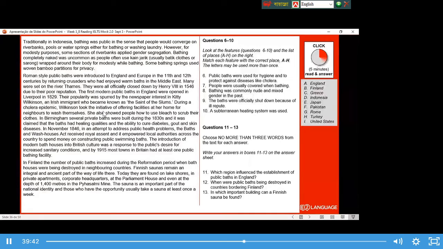So that is in England. So England, number 9 is A.